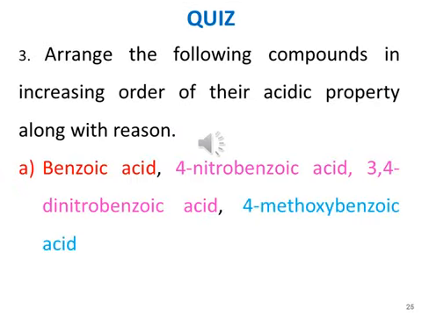The third question is: arrange the following compounds in the increasing order of their acidic property along with the reason. You have to give the order of the acidity of benzoic acid, 4-nitrobenzoic acid, 3,4-dinitrobenzoic acid and 4-methoxybenzoic acid.